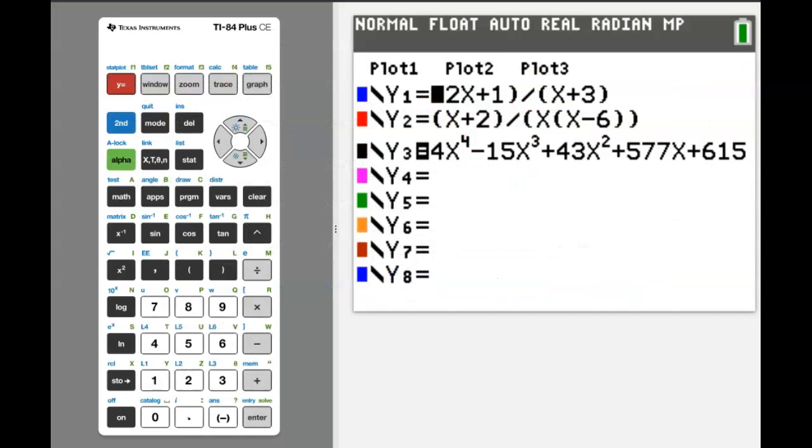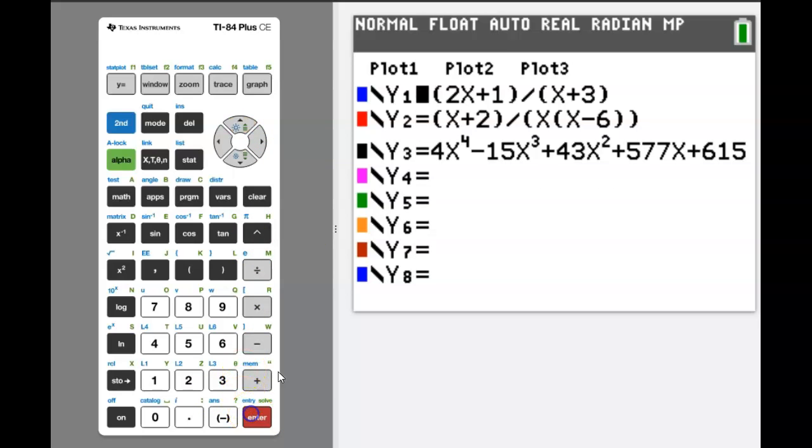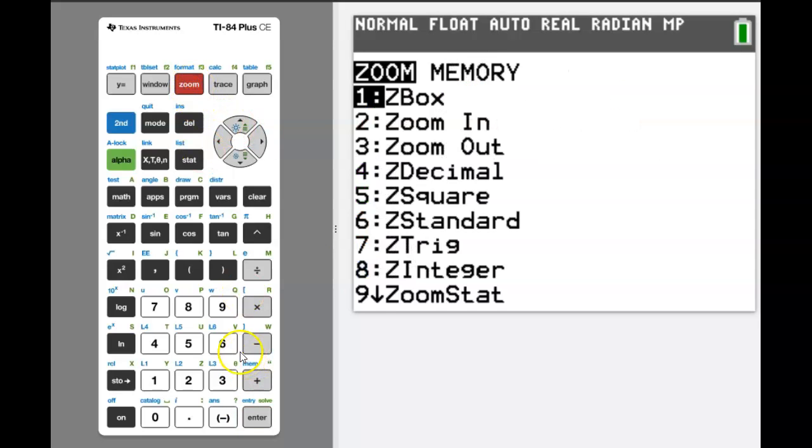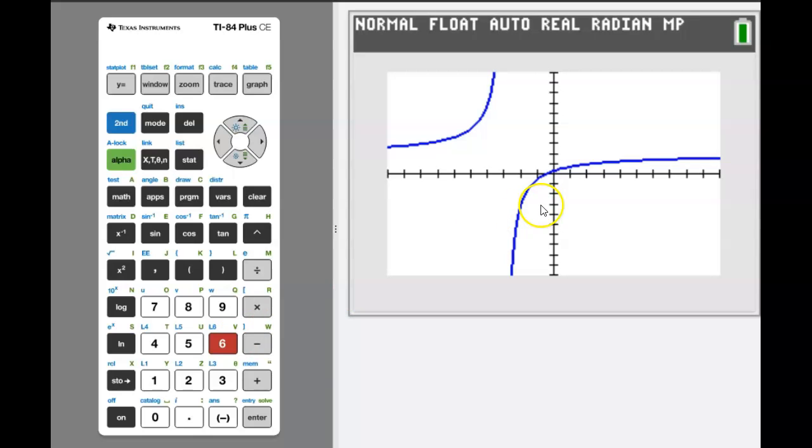If I graph it, I have 2x plus 1 in parentheses divided by x plus 3. If I do a zoom 6, that's actually a pretty good window, right? I can see things. Did I write that down wrong?